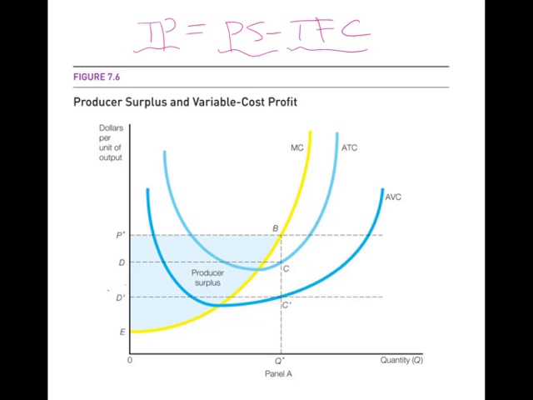One more thing I want you to know is, for the marginal cost curve, we recall profit maximization in two steps. The first step is the price. You only produce when the price is above the minimum average variable cost, right? That's the shutdown price, and you only produce above the shutdown price point. Then, as long as the price is above that, your quantity decision for profit maximization occurs when price equals marginal cost, right?